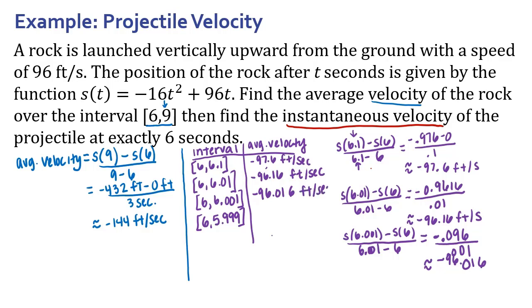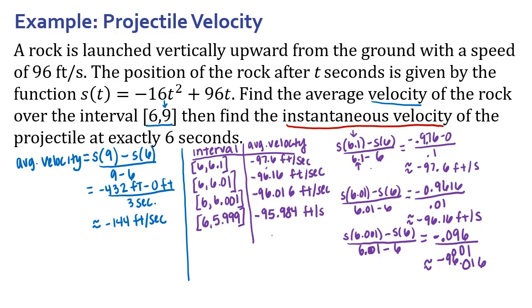And then if we go through and do the same thing for 5.99, so now we're approaching this value from values that are lower than it, I'm going to let you do that one by yourself, but you'll end up getting negative 95.984 feet per second. So what do you notice here?